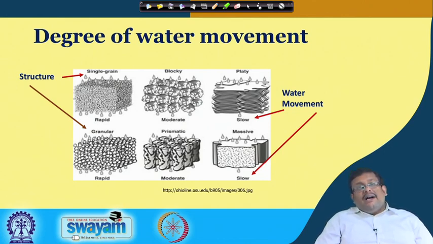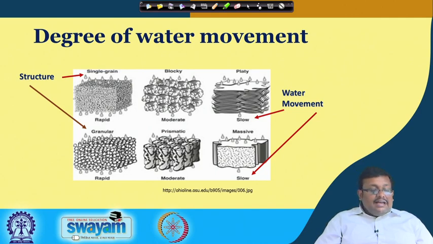Another important aspect of soil structure is the degree of water movement. As you can see here, I have shown 6 different types of structure, starting from single grain, blocky, platy, granular, prismatic and massive.